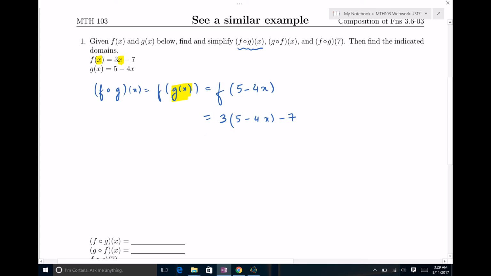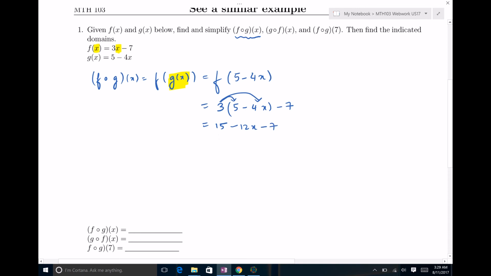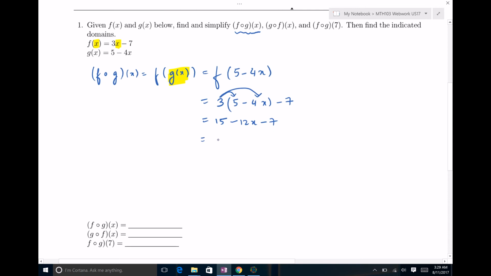And we simplify this by distributing the 3 to both the terms inside the parentheses. So 3 times 5 is 15, and 3 times negative 4 is negative 12x, minus 7. 15 minus 7 is 8. So we have 8 minus 12x as f composed with g of x.